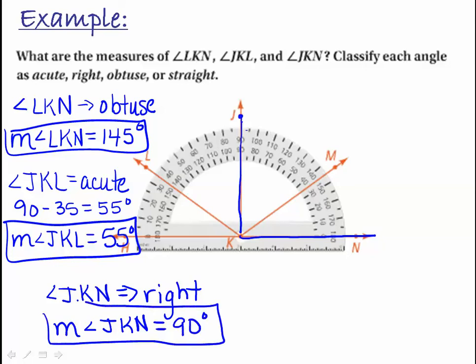We can confirm this on the protractor. If we use the two numbers on the inside, we go from 0 to 90, and 90 minus 0 is 90. If we wish to use the numbers on the outside, we would have 180 and 90, and 180 minus 90 is still 90. So either way, we get the exact same answer.